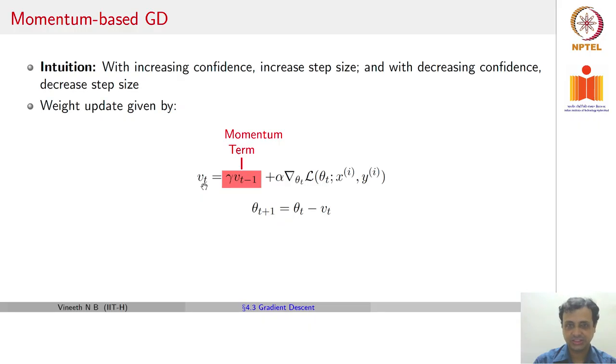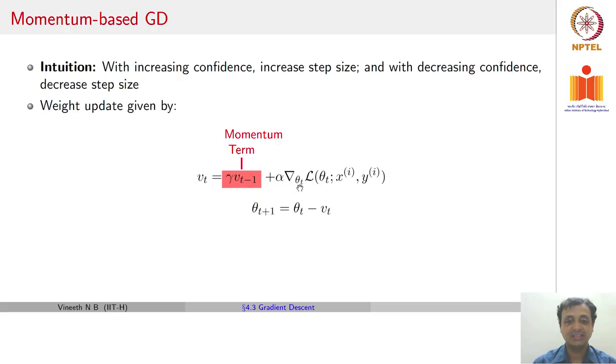Vt, which is the change of parameters that you're going to have in this time step, is given by gamma times Vt minus 1. What was your change in weights in the previous time step, weighted by a particular coefficient gamma, plus the rest of it is standard gradient descent: alpha, the learning rate, times the gradient of the loss with respect to the parameter theta.